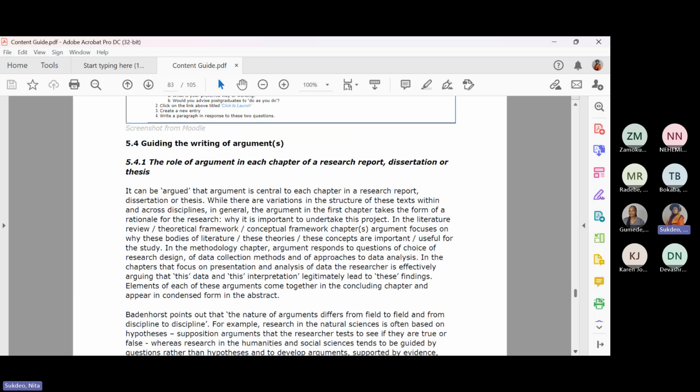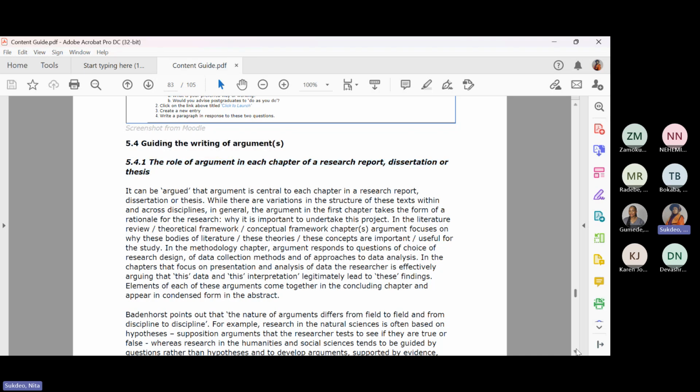So the student's voice, making a statement, and then supporting it with literature to build an argument. So they're debating what other authors have said against their work, what they want to actually do. So it's a role of writing in an argumentative way in each of your chapters.